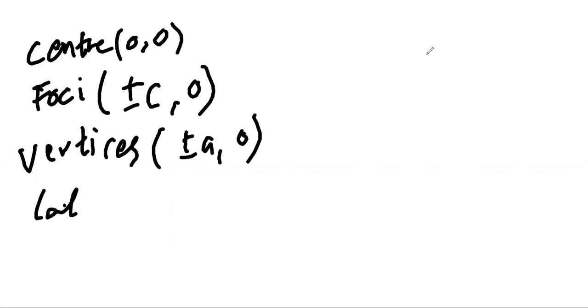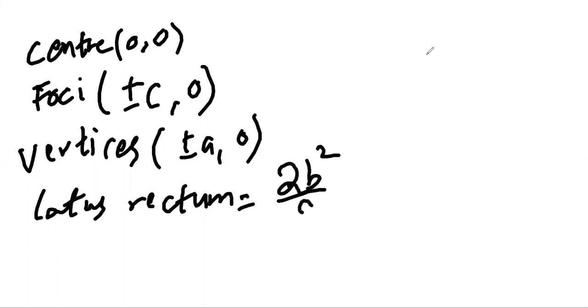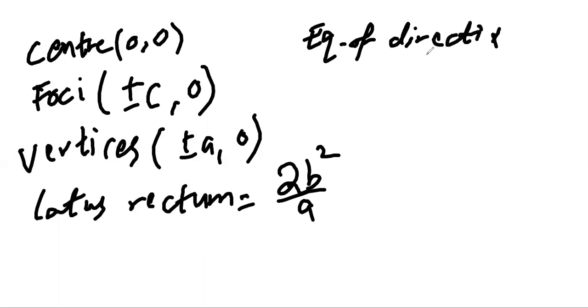Latus rectum remains same. Length of the latus rectum is 2b square upon a. Equation of directrix: x is equal to plus minus a upon e.